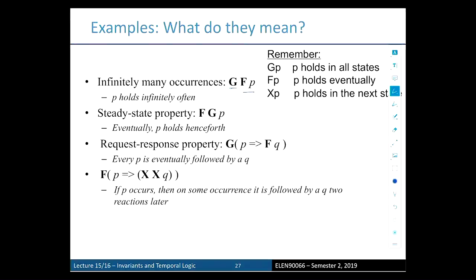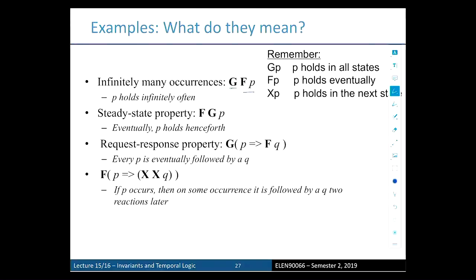The next one is just flipping the position of eventually and globally, or eventually and always, becomes eventually always P is true. It means if I look at the trace, there is a point in the trace that from that point on, P holds.